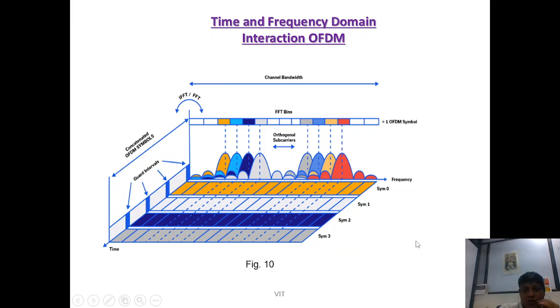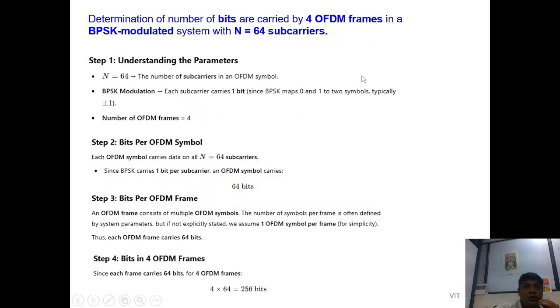Let us try to understand this through some examples. Determine the number of bits carried by 4 OFDM frames in a BPSK modulated system with n equal to 64 subcarriers. Since there are 64 subcarriers and BPSK modulation, each symbol is represented by 1 bit.